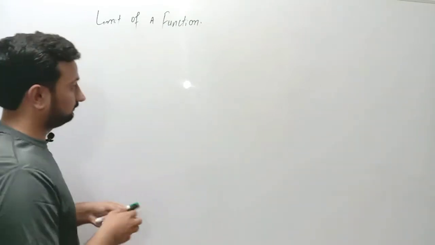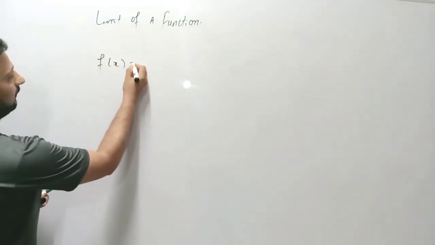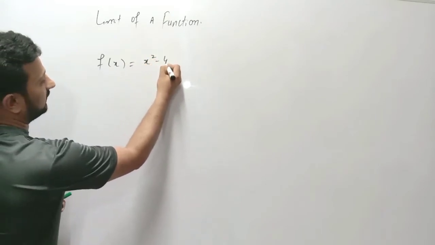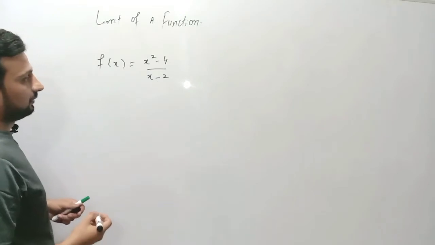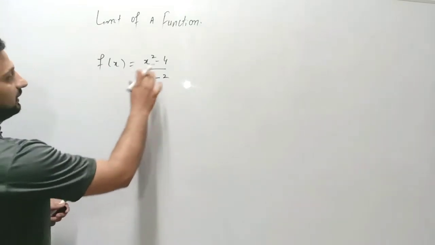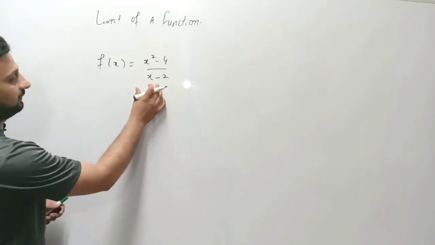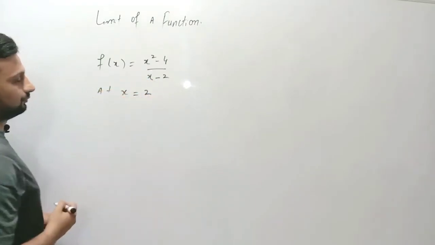For example, we have a function f of x equals x square minus 4 divided by x minus 2. We want to check the behavior of this entire function at x equals 2.